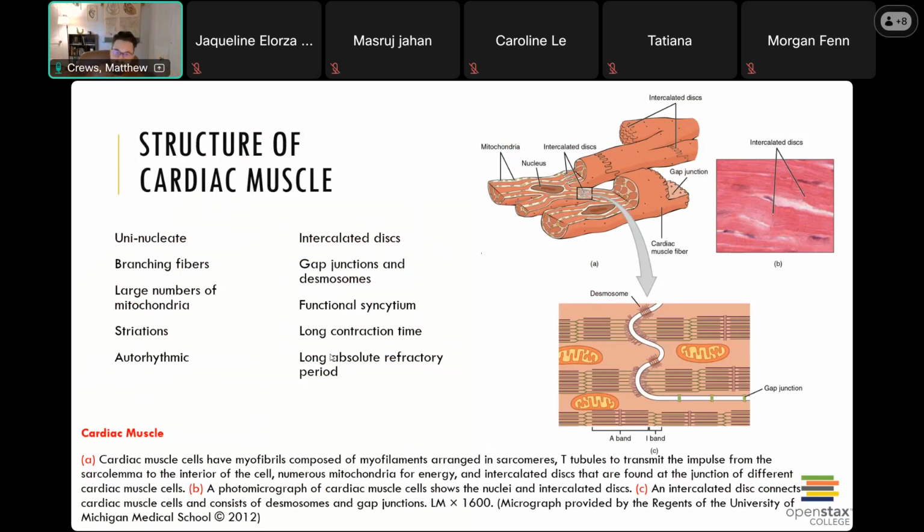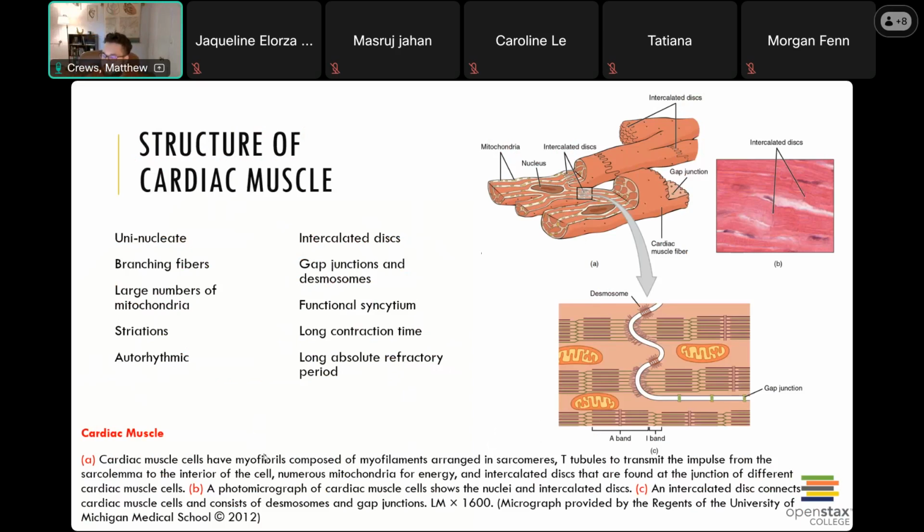You're just keeping it steady. And they're not going very far. One muscle, from here to here, might be a big length. Cardiac muscle is just doing this. That's all. They have a long absolute refractory period, so that cycle takes a while.